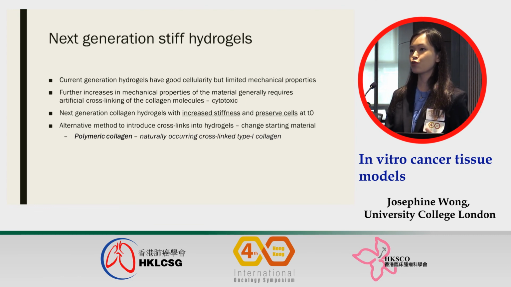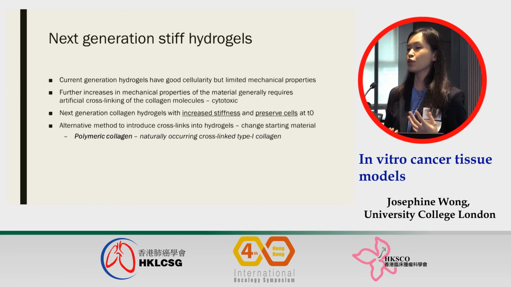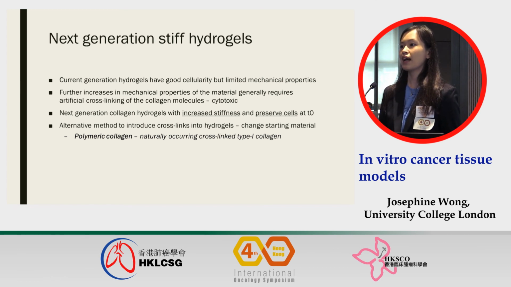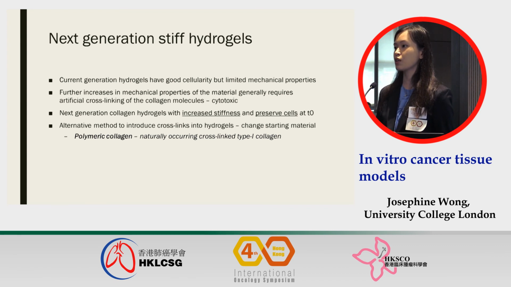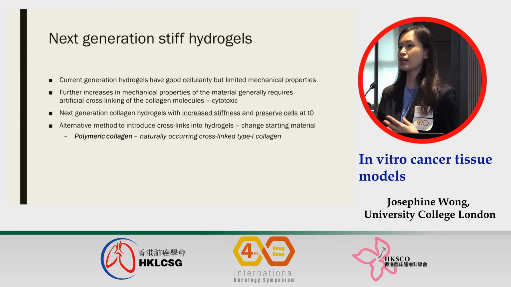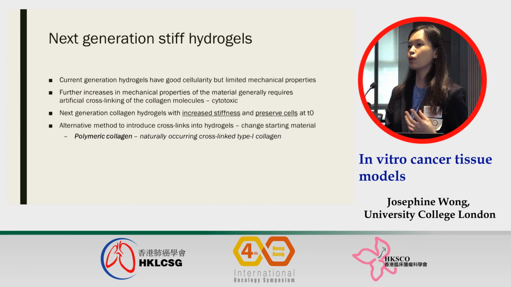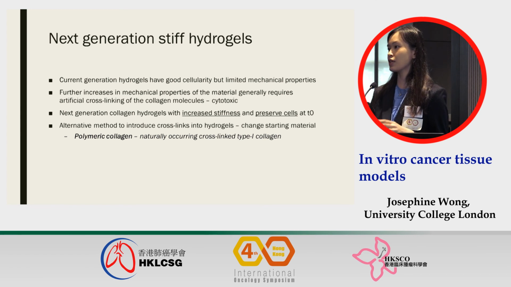However, this has a drawback, as it is usually cytotoxic to cells, and it immediately removes one of the main advantages of using the hydrogels, which is the ability to seed cells at time 0 as the hydrogel is being formed. So the next generation hydrogels that I've been working on is to increase the stiffness without damaging the interstitial cells.